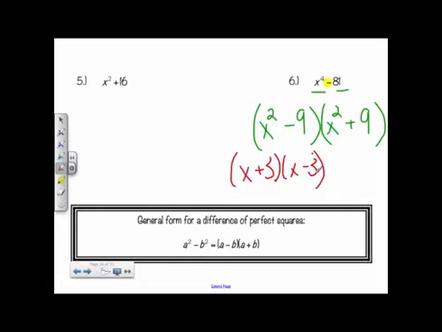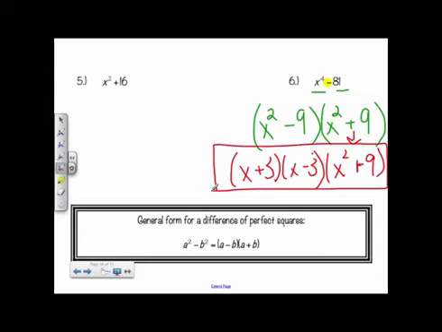This 3 multiplied by this 3 is 9. One has to be positive, one has to be negative. Then I'm going to copy down the second half of my problem right here, because I can't ignore it. I got to bring that down, and then I can't factor any further, so I am done.